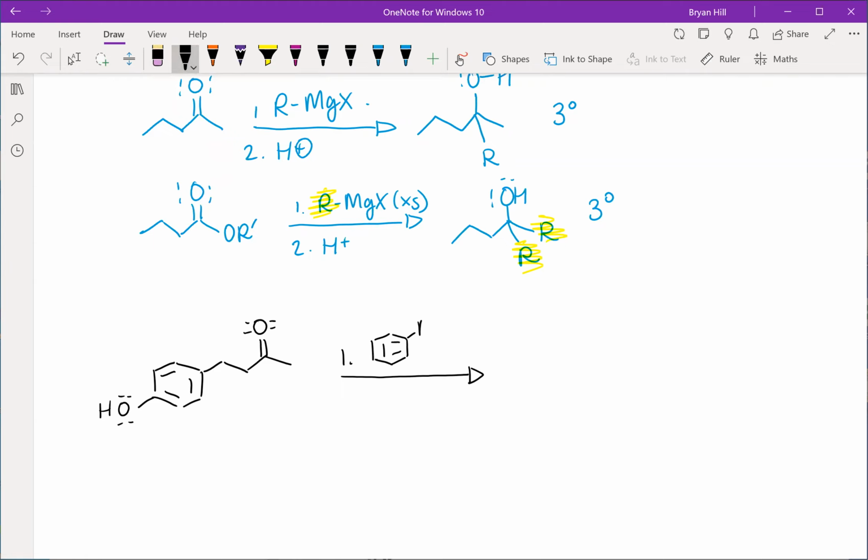Let's use the one that you guys made. Okay, so we're trying to be green chemists. We're using one equivalent of our phenyl magnesium bromide. First step, second step, we're adding in our acid. What is our product?